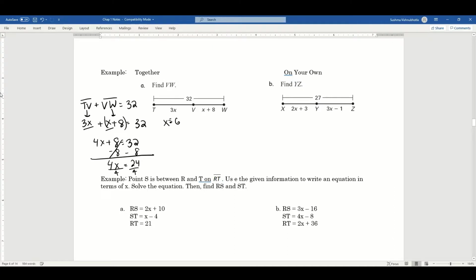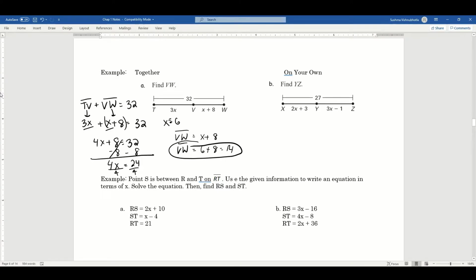Now, VW is 8 more than 6. So x plus 8, which gives me 6 plus 8, which is 14. So the length of VW is 14. Okay?